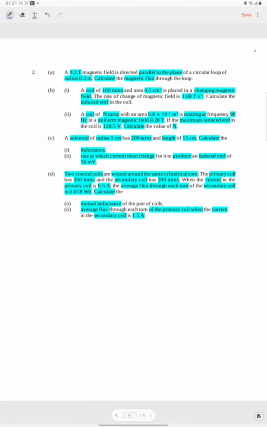Next question, 2C2. When we read this question, we know that it is regarding self-induction, self-inductance, because it mentions here that the induced EMF is produced. We need to calculate the rate at which current must change. So I have here EMF equal to 50 times 10 to the power of negative 3 volt, and this EMF is produced due to the changes of current in the same solenoid.